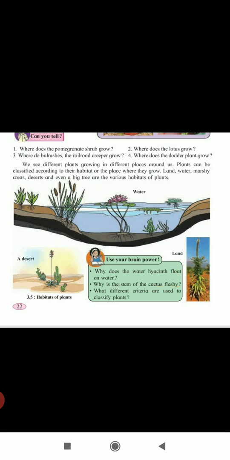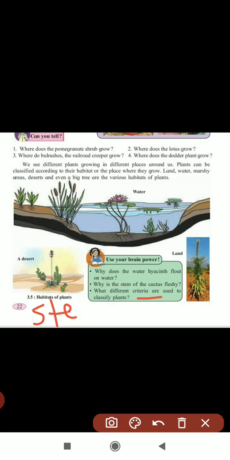And now the last question: what different criteria are used to classify the plants? First, according to stem, we have classified trees, shrubs, and herbs. Next, vines, climbers, creepers like that.